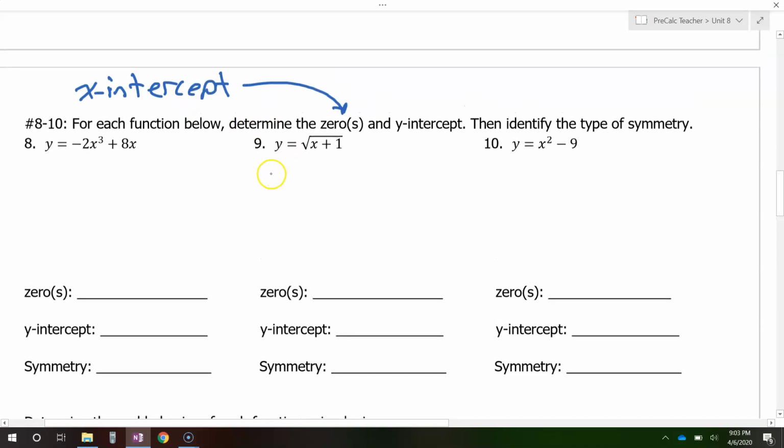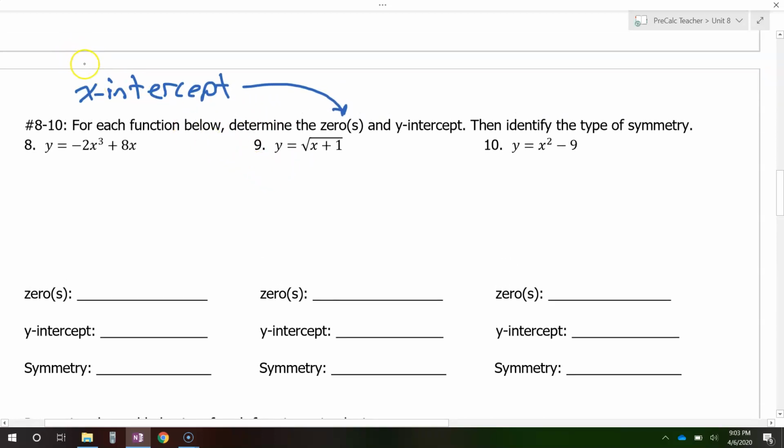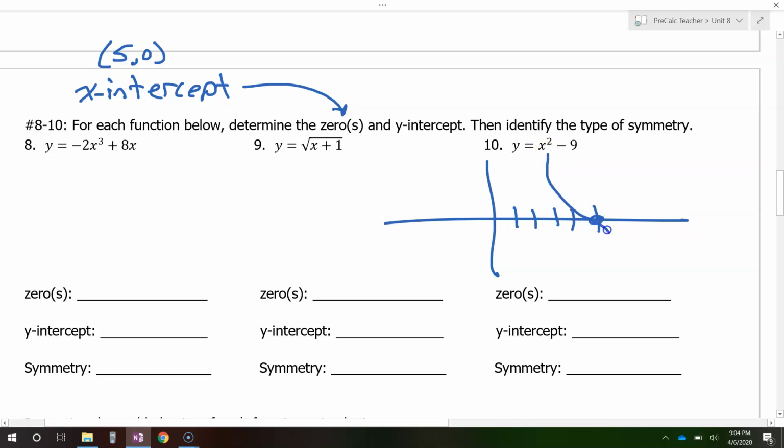The only difference is, here's an example. An x-intercept might be something like (5, 0). That would mean that the graph crossed the x-axis at (5, 0).